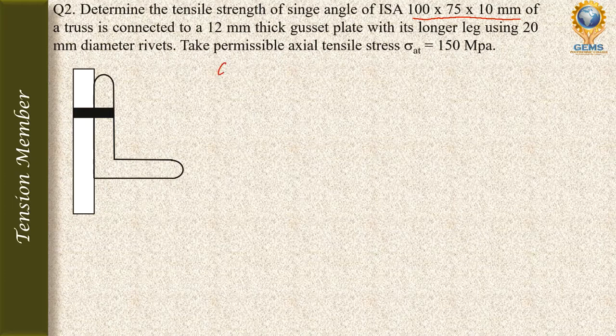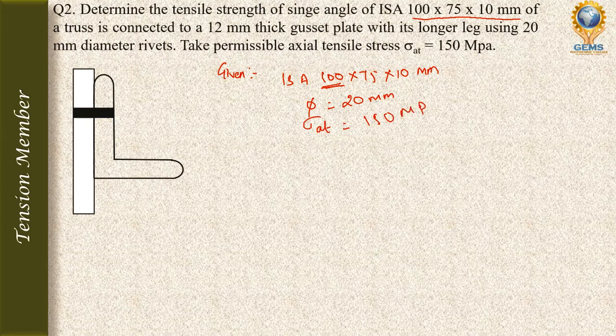So what is given? Given ISA 100 by 75 by 10 mm, connected to the gusseted plate, the nominal diameter of the rivet is 20 mm, and the permissible axial tensile stress is 150 megapascal.